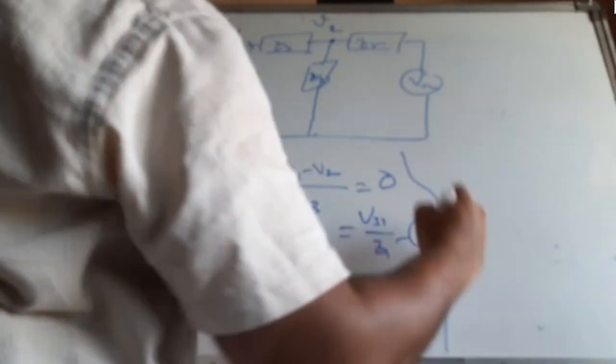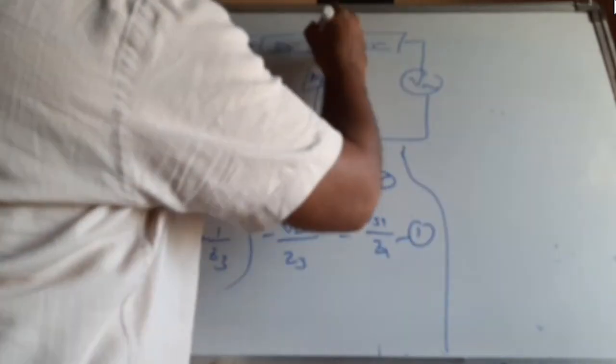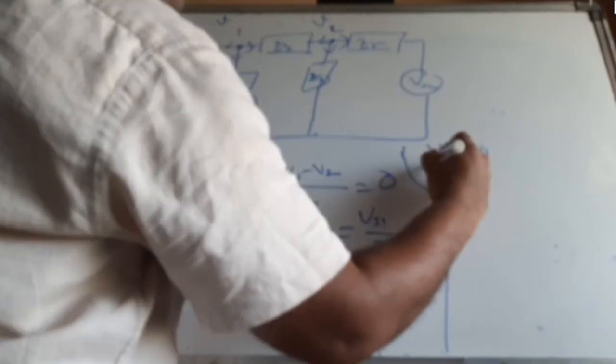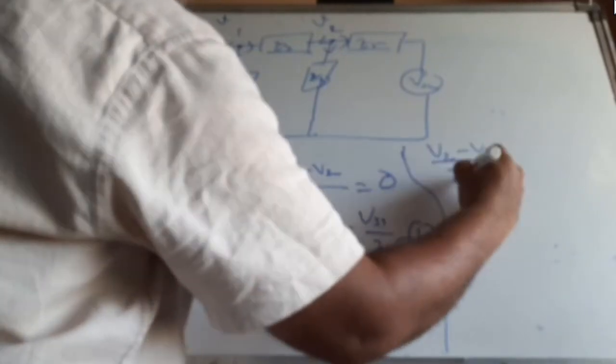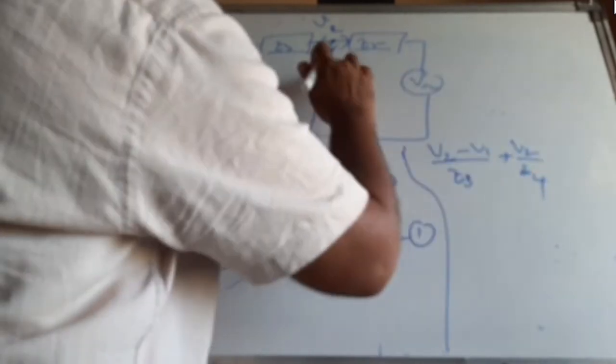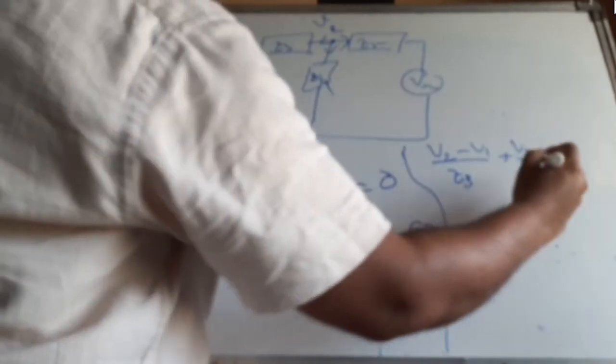Coming to V2, there are three currents again: (V2 minus V1) by Z3 plus V2 by Z4 plus (V2 minus Vs2) by Z5 is equal to 0.